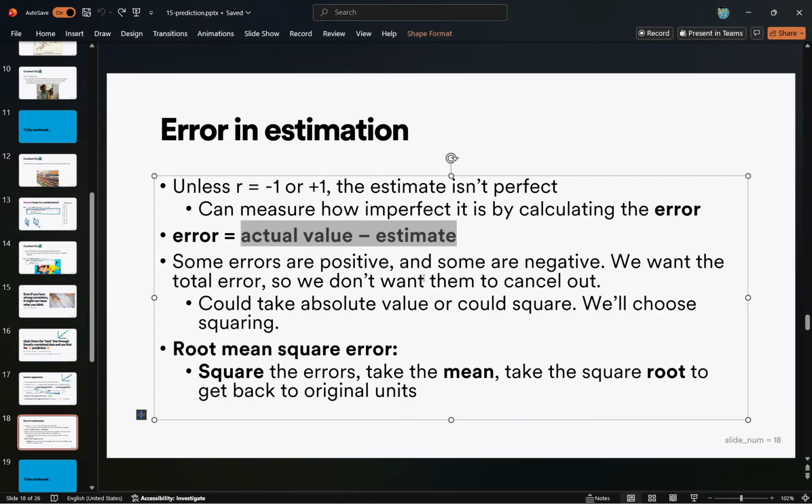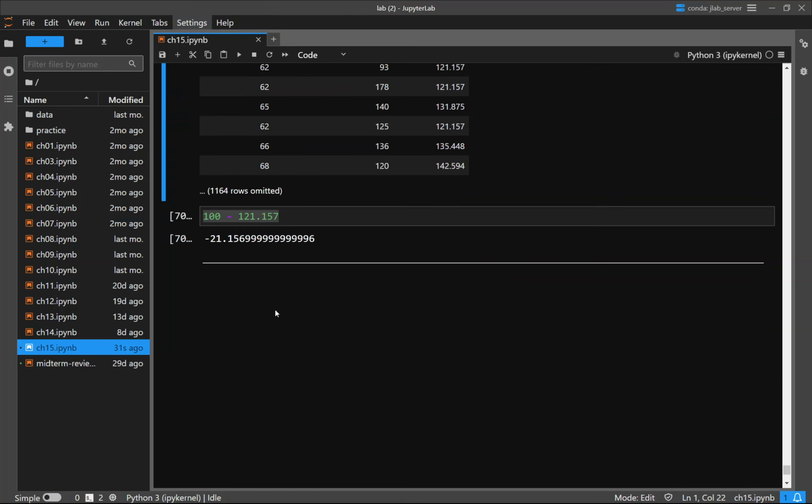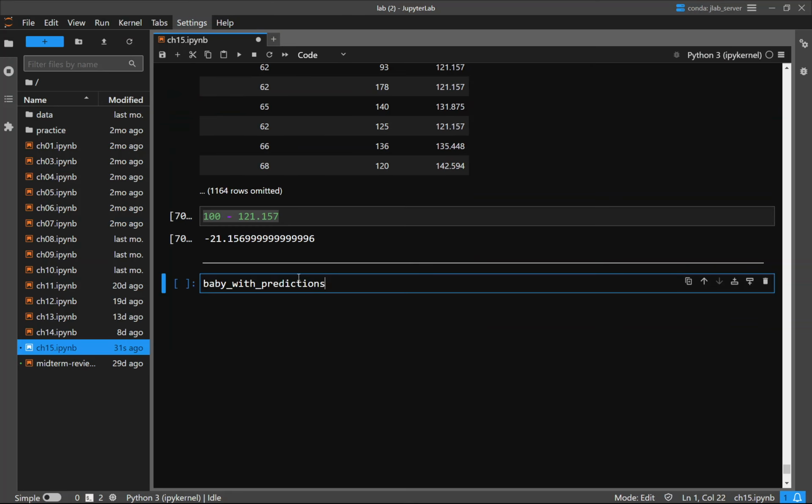Let's add that as a new thing in our table. Let's see here. I will take baby with predictions and add a new column. This is our new stuff after the line today. Yeah, let's just keep track of all the errors first. So how do we get all the errors?